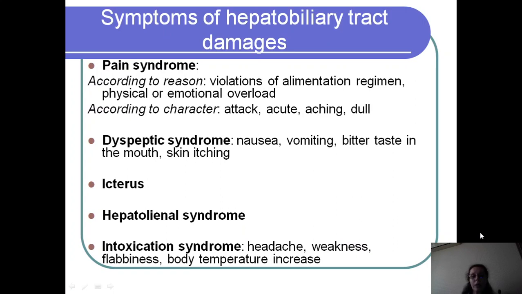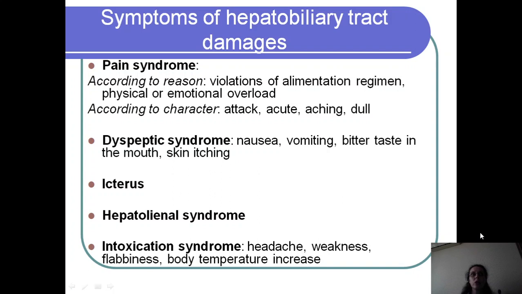And now again we are talking about those syndromes which may be present related to hepatic and biliary problems. And first of them, traditionally, is pain syndrome. Identically to how we described pain syndrome for upper digestive system pathological events, all the same principles are relevant here for hepatobiliary disorders.